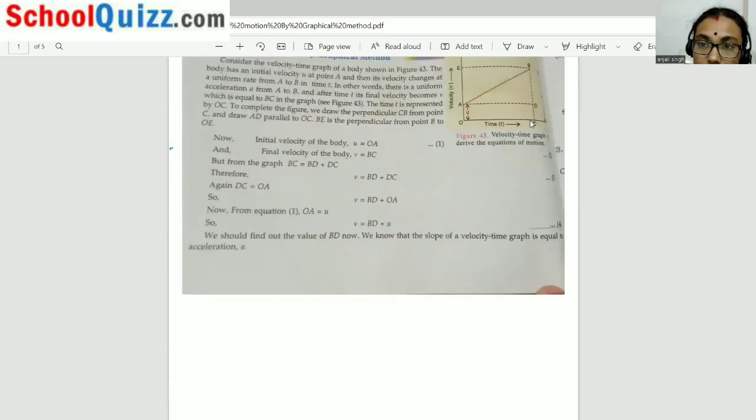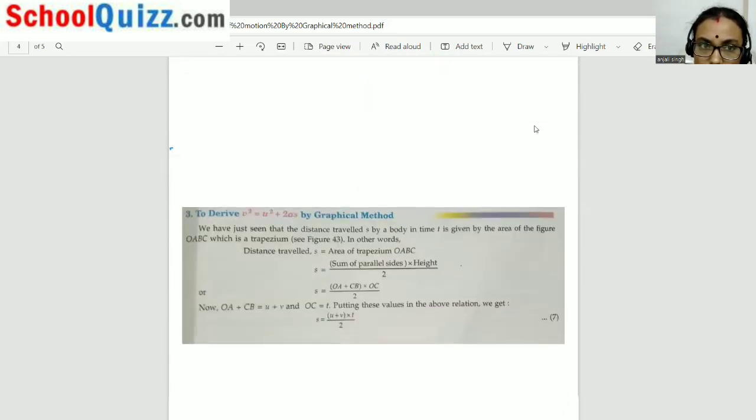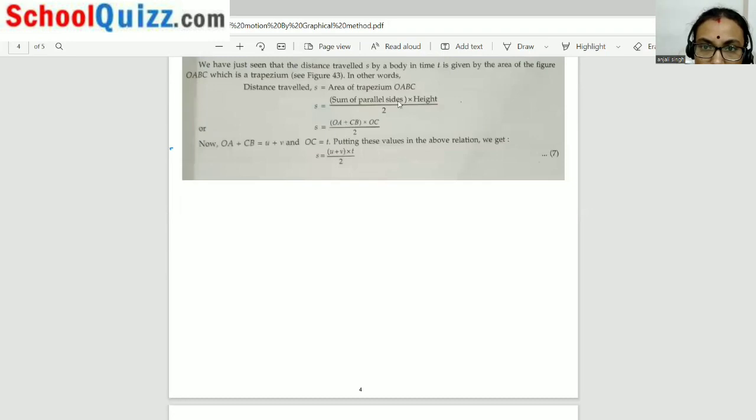And what will be the height? Height will be either AD or OC, either of them. So the sum of parallel sides OA and CB into height, that will be OC. Clear?